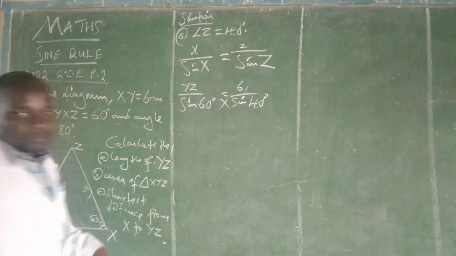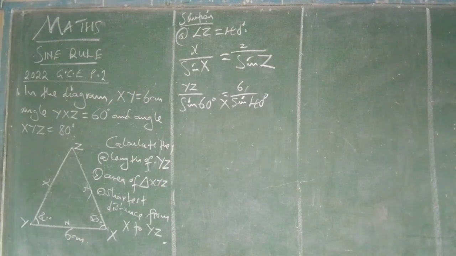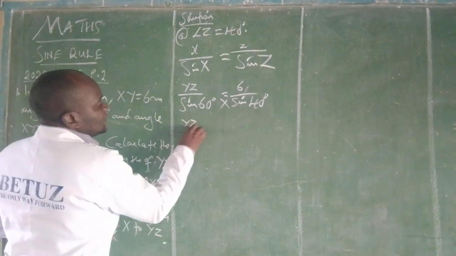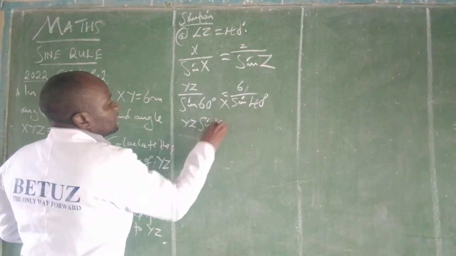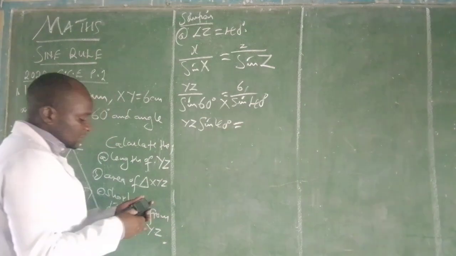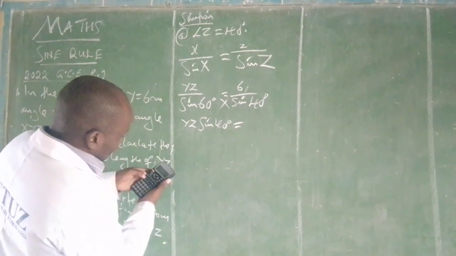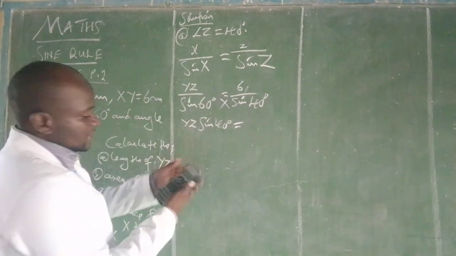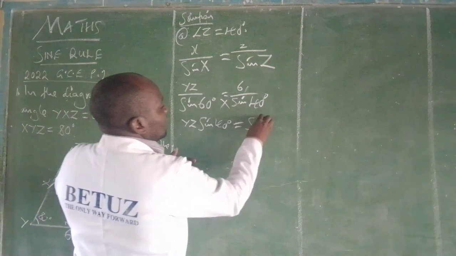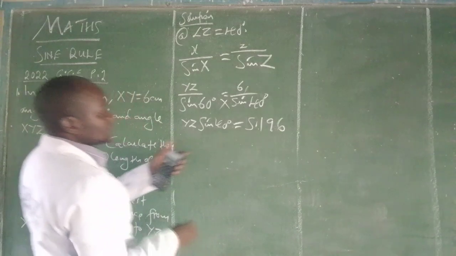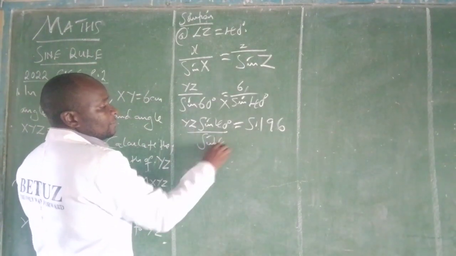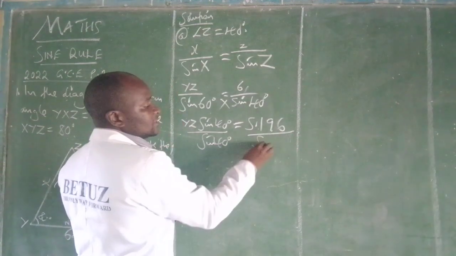And then we cross multiply. Now when we cross multiply like that, we are going to have YZ sine 40 degrees equal to sine 60 degrees multiplied by 6 centimeters up there. We are getting 5.196. So to find YZ, we divide both sides by sine 40 degrees.